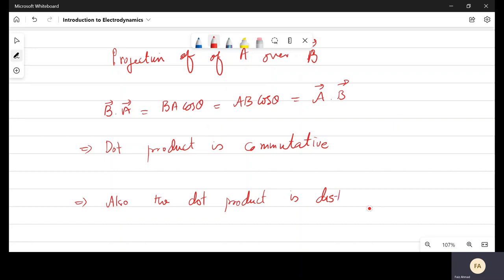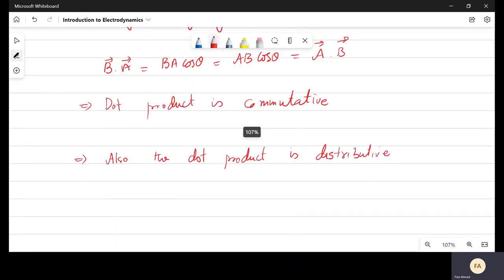If we have three vectors A, B, C, and we are taking dot of A with B plus C, then it will turn out A dot B plus A dot C. So the dot product is distributive.